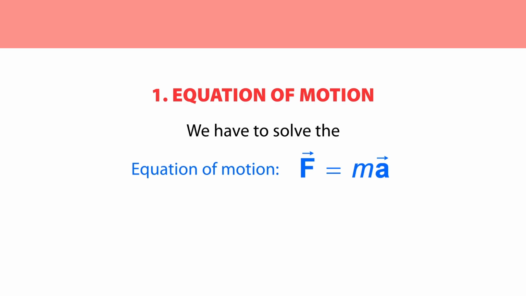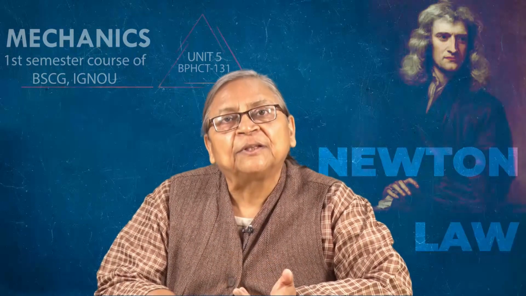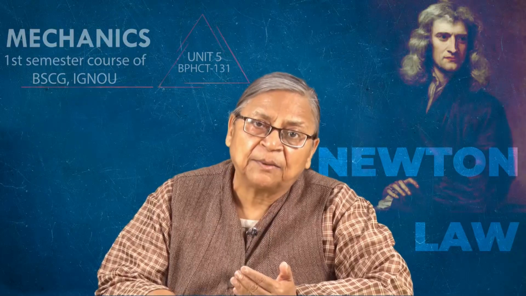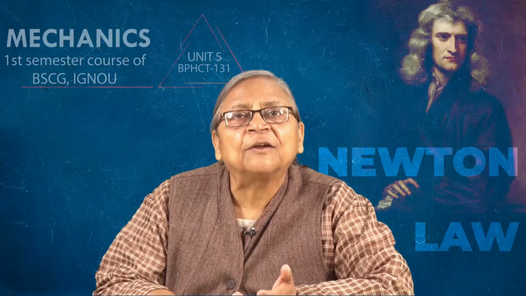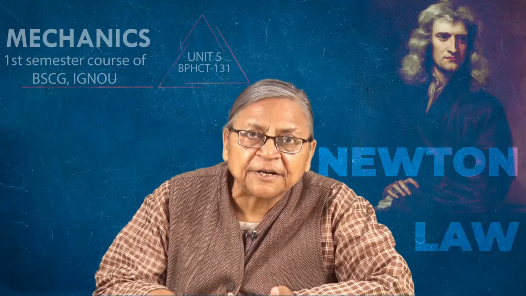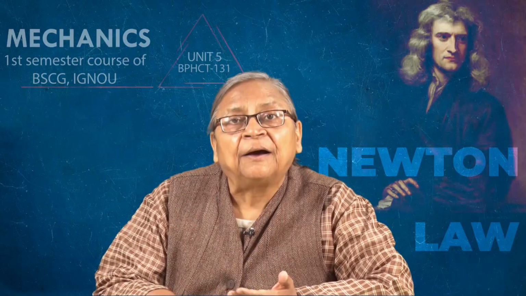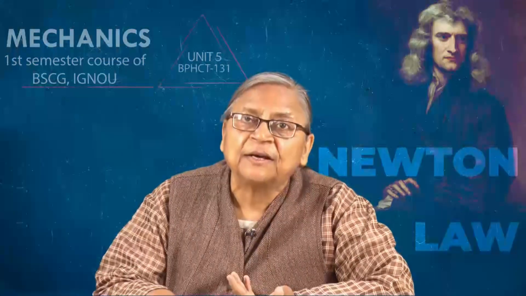I have told you there are three variables here: the net force on the particle, its mass and its acceleration. We will be given two of these and we will need to solve for the third. Usually we are given the force and the mass and we find the acceleration, or if we are given the mass and the acceleration, it's a simple arithmetic multiplication to find the force.